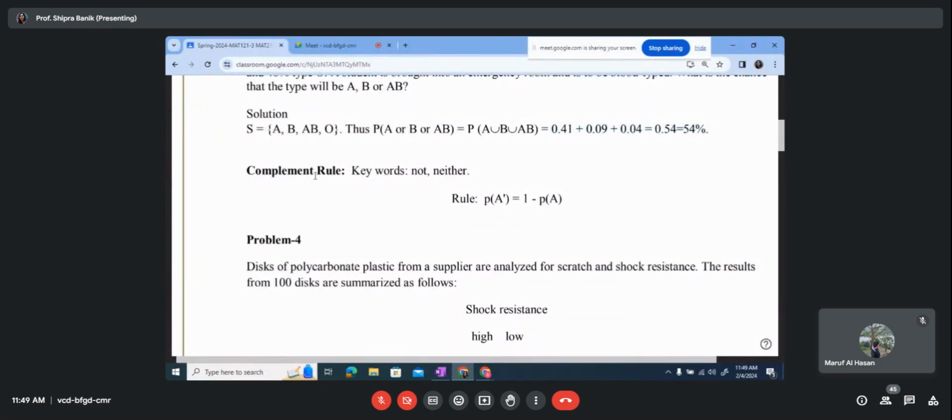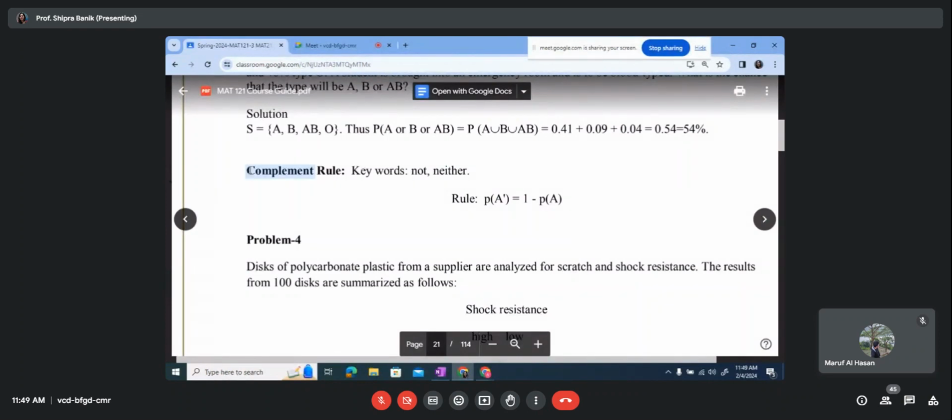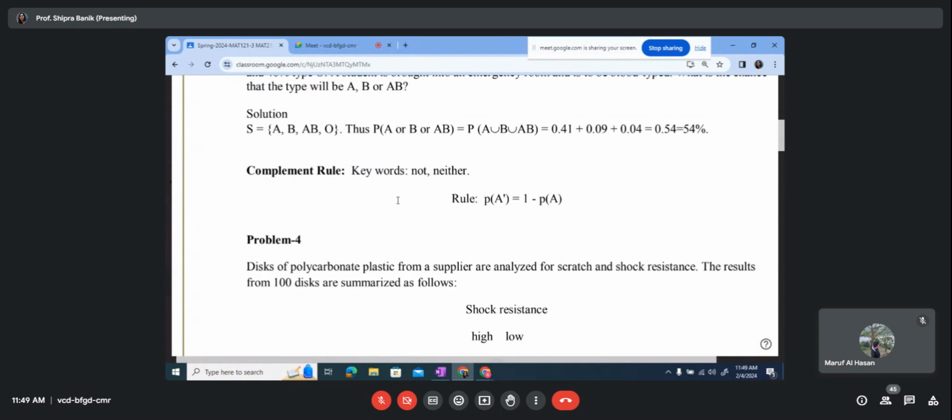Okay. Now, law of complement. This also we have done. Keywords: how do we understand? We have to apply the law of complement. It will be written as "not", suppose A will not happen, or your grade will not be B plus, something like this. Or you may say neither or neither.